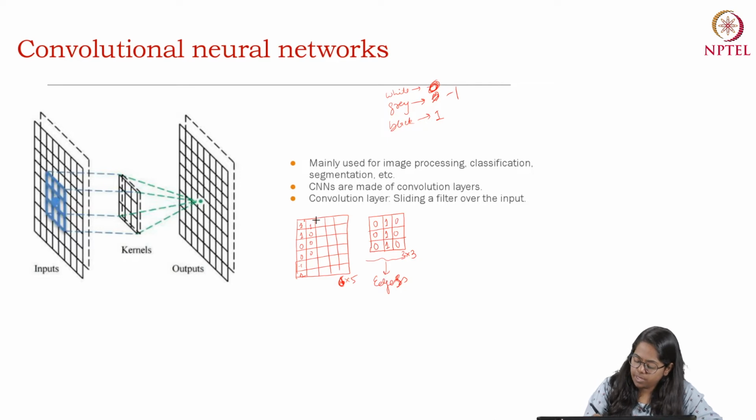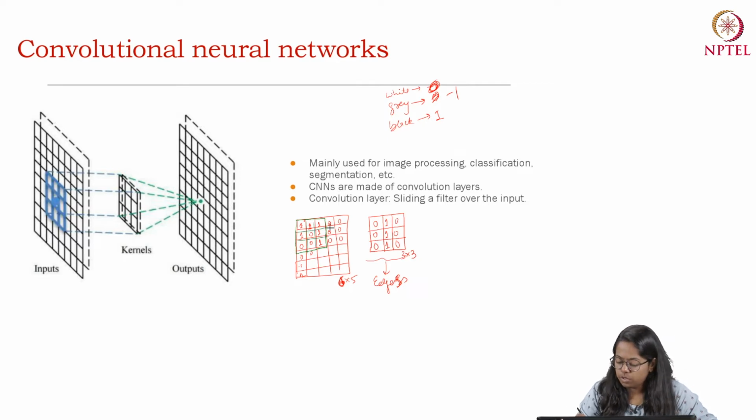So if we are to multiply this kind of filter over here, we have 1, 1, 1, 1 and 0, 0, 0, 0, 0, 0 here, right? So now we'll take this filter, and suppose we put this filter over this part here and we multiply.